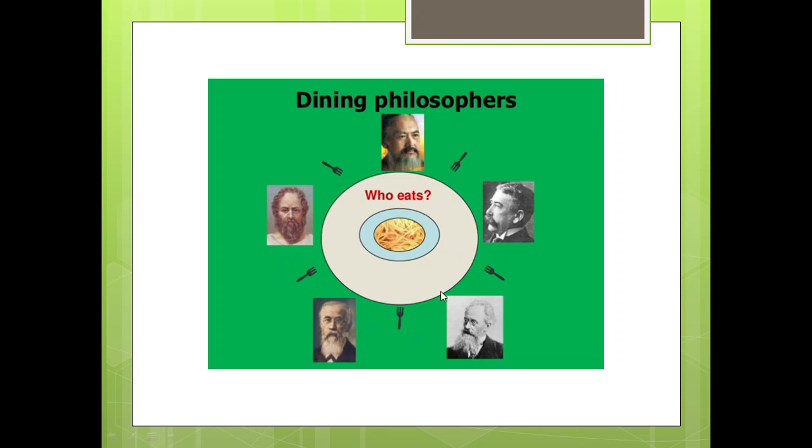The philosopher needs both the right and left chopsticks to eat. The hungry philosopher may only eat if both chopsticks are available. Otherwise, the philosopher puts down their chopstick and begins to think again.